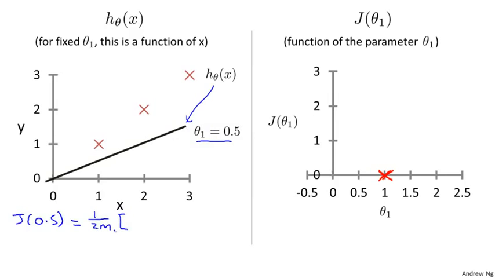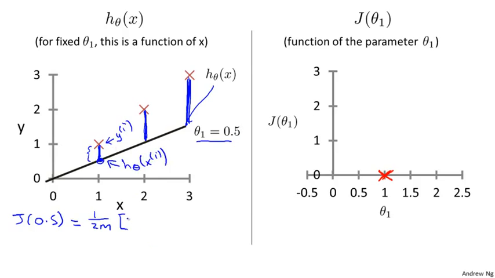It turns out that the cost function is going to be the sum of squared values of the height of this line plus the sum of squared of the height of that line plus the sum of squared of the height of that line, right? Because this vertical distance is the difference between y_i and the predicted value h of x_i.